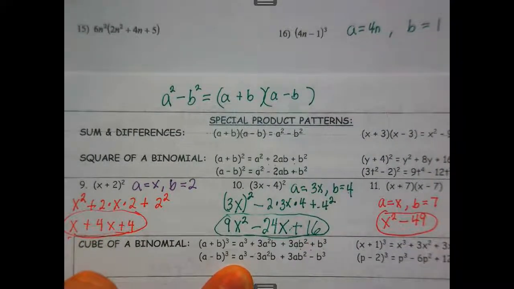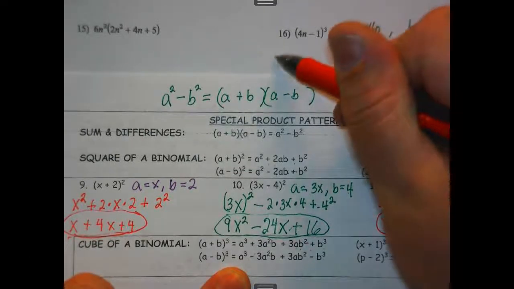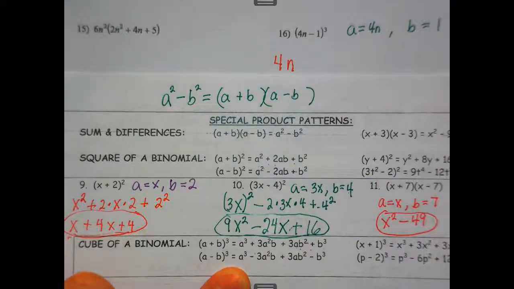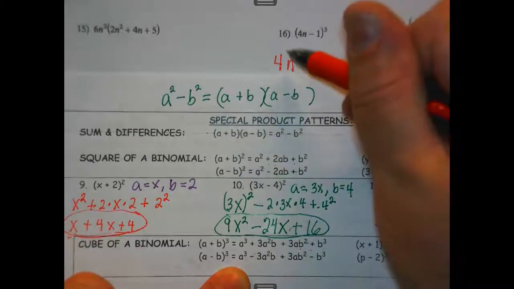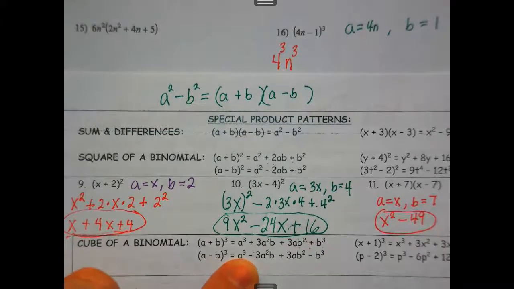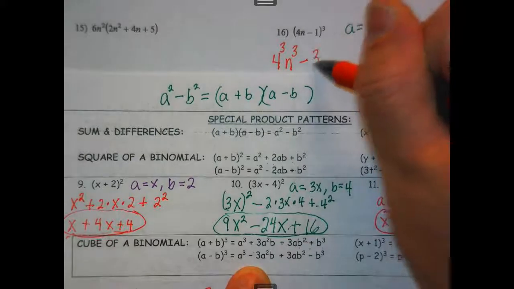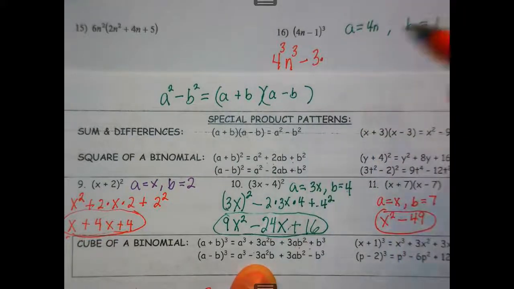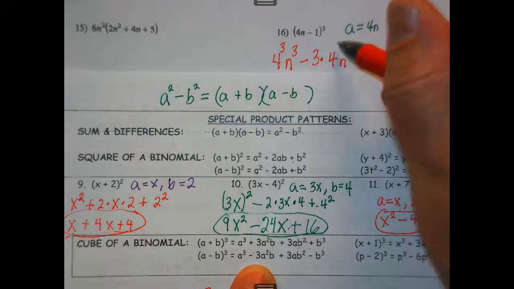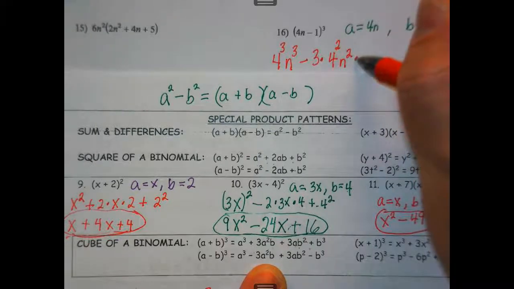So I have a cubed, so I have 4n cubed. Now, be careful here because I have to cube both the 4 and the n. Minus 3 times a squared. My a is 4n. Again, square the 4 and the n, times my b.